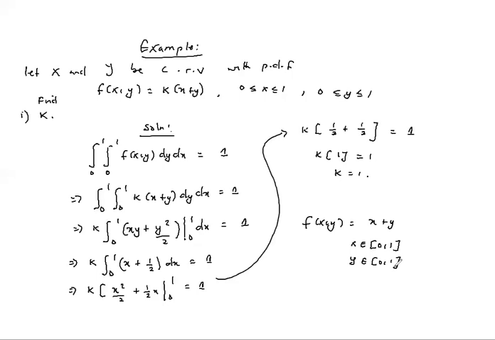Then to find the probability x is less than 1 over 3 and y is less than 1 over 2. So remember how we are finding these probabilities?